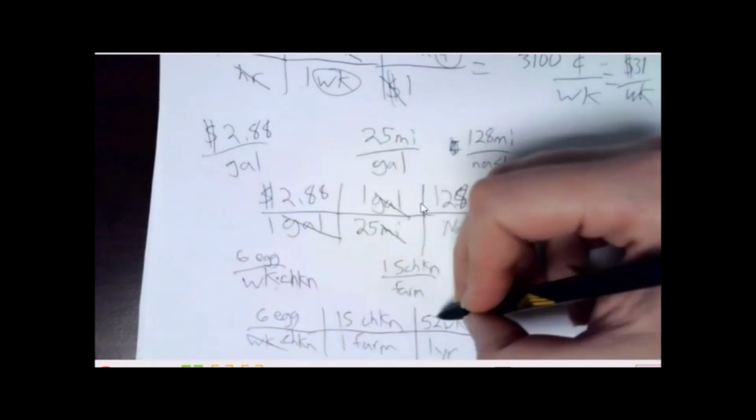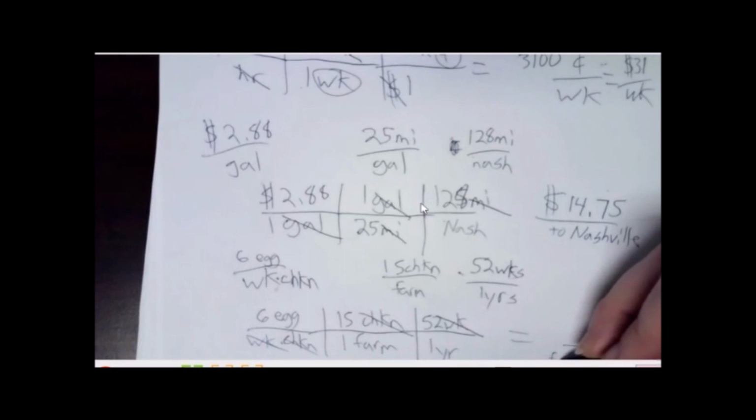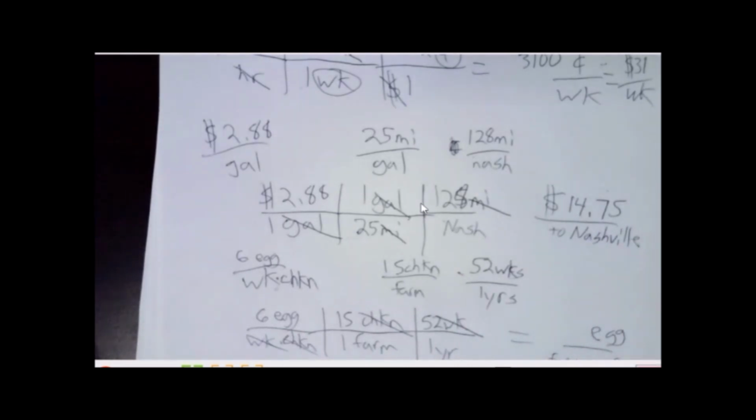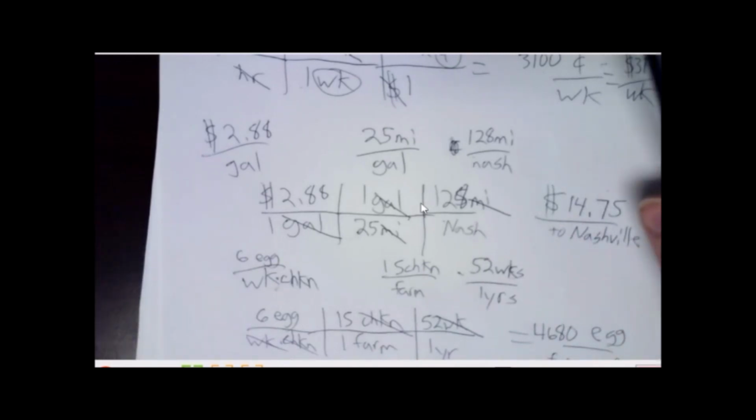So the weeks cancel here, my chickens cancel here, and we're going to have our units of eggs per farm in a year. So 6 times 15 times 52 would give us something like 4,680 eggs to sell on that farm.